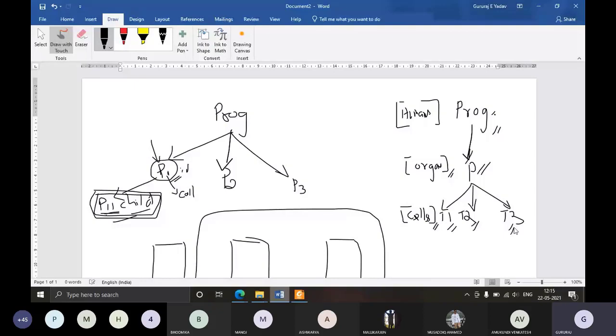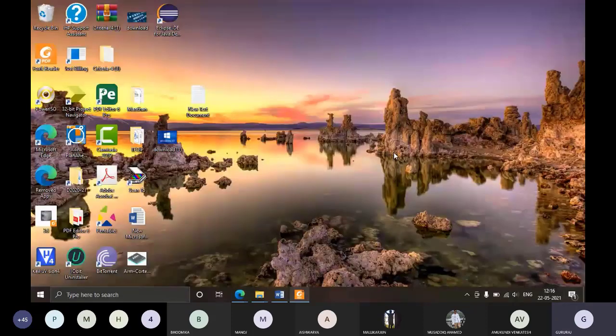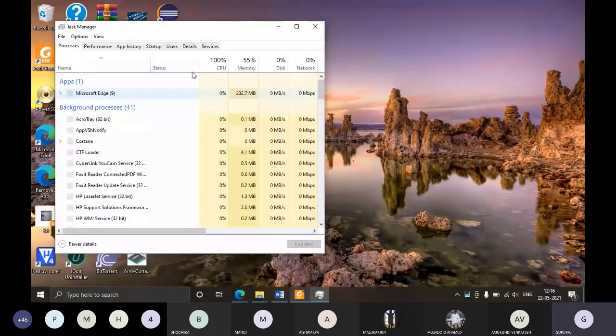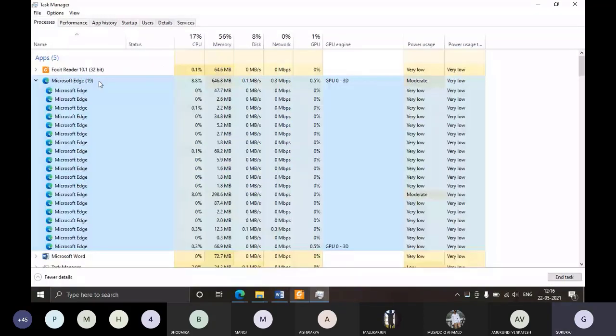So applications use concurrent processes to speed up their operation. We saw in the previous session that each program can have multiple processes. I showed that using the Task Manager. For example, you can see here Microsoft Edge, which is one application, but it is making use of 19 processes.